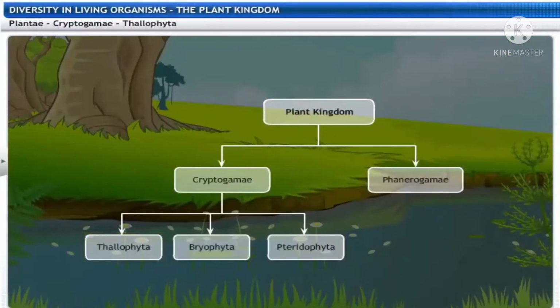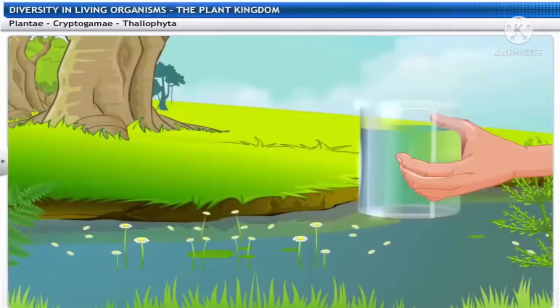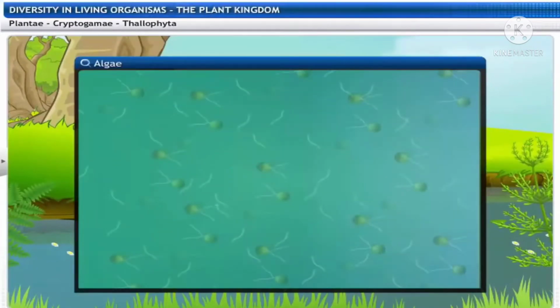Thallophyta are the simplest of plants that do not have a well-differentiated body design. They are mostly aquatic. Do you see something floating in that glass of water? That's algae.